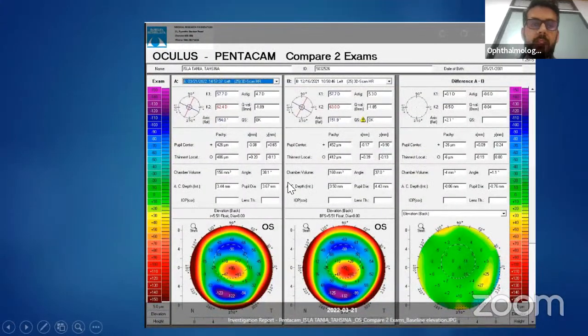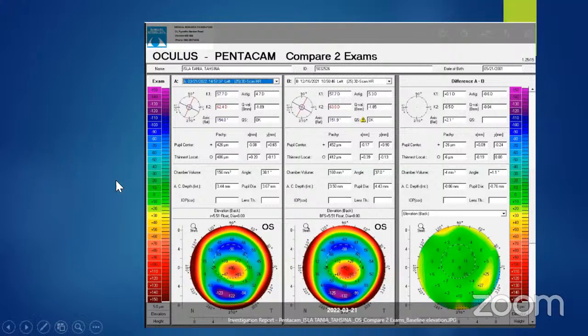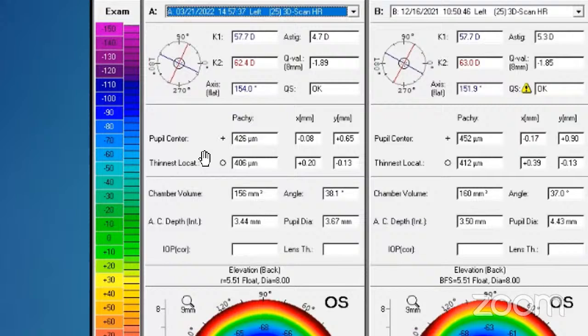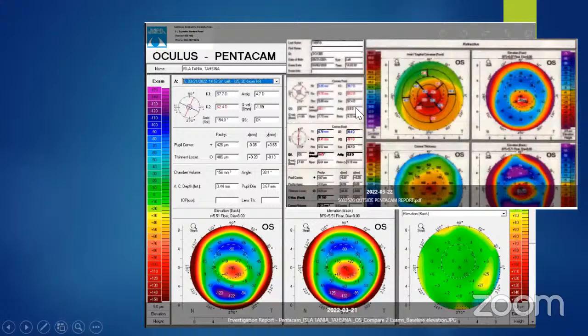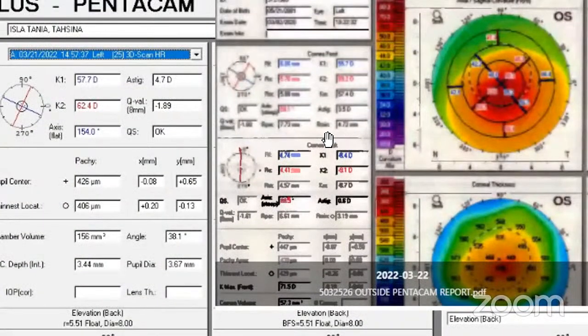But when we compare the thinnest local, it has actually increased. It's not increased by 6 microns, it's decreased by 6 microns, right? 406, 412. Again, may not be very significant. These were the values the patient had when the patient came and showed the previous values done in Bangladesh.